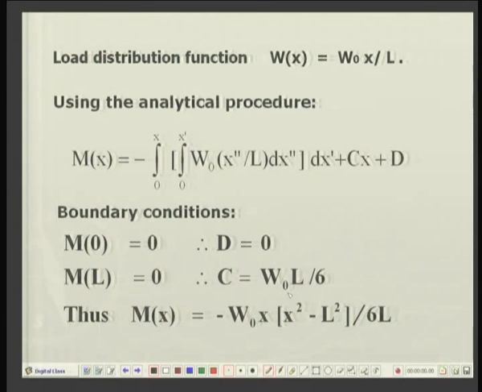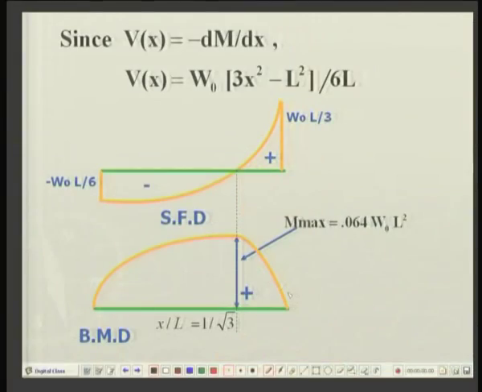So, this is the expression for the bending moment. And once I take the derivative of this bending moment and put a negative sign, I get the shear force. So, substituting back, we will get Vx is equal to W0 into 3x square minus L square whole divided by 6L.